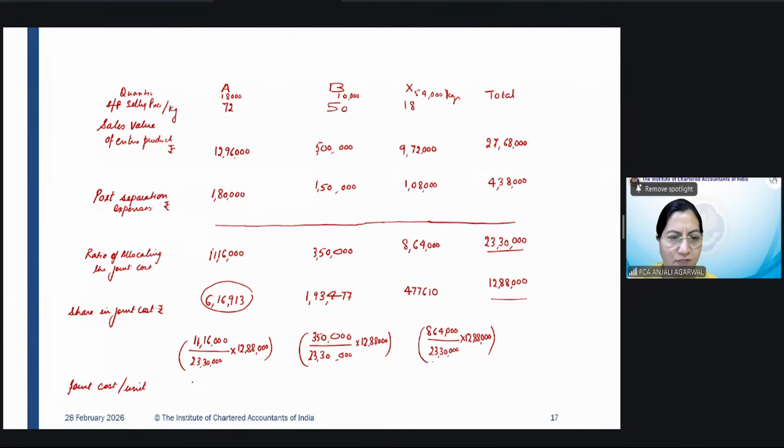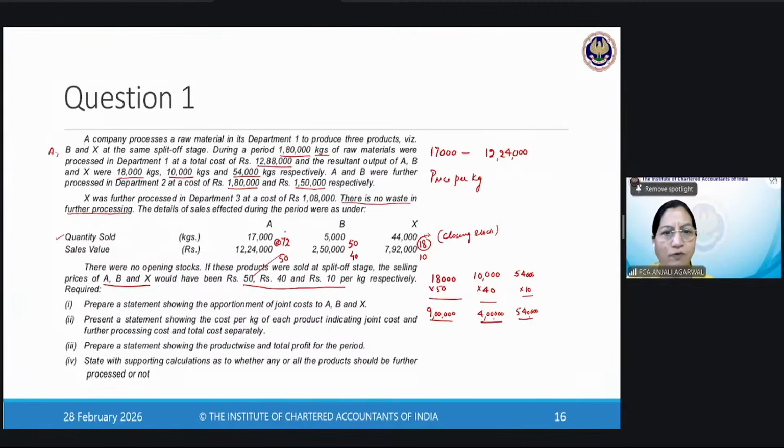So your joint cost is 34.2729. I'll make it 34.2730 rupee per kg. So this is your joint cost. And you can see 180 divided by 18 will give you 10. So 34 and 10, 44. 44 is sold for 72. So you can see what is the profit.